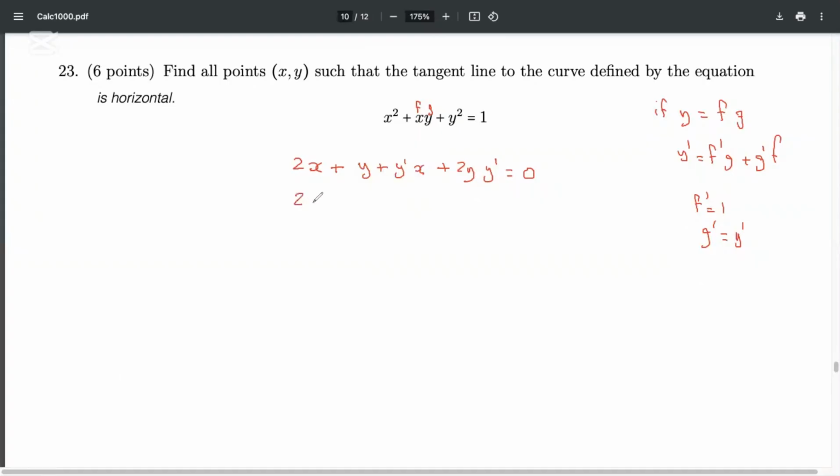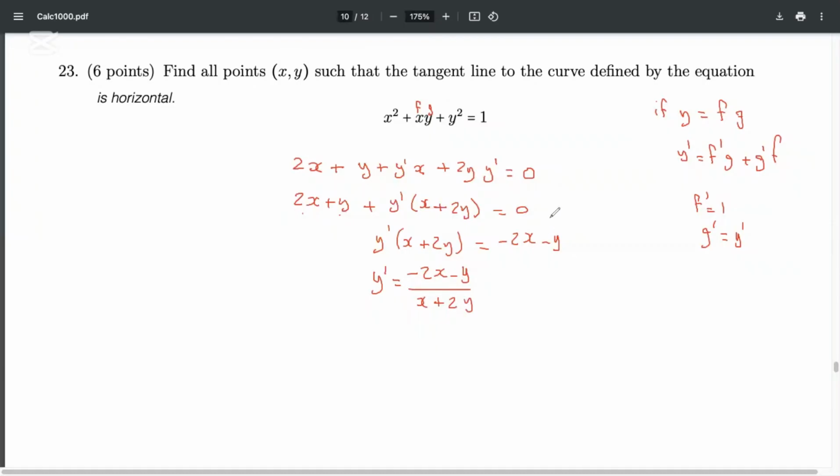So I'm just going to rewrite this as 2x plus y prime x plus 2y. I took that y prime out as the greatest common factor from here equals 0. I'm going to move these two to the other side, so we have y prime x plus 2y equals negative 2x minus y. Divide both sides by x plus 2y, so we have y prime equals negative 2x minus y all over x plus 2y.